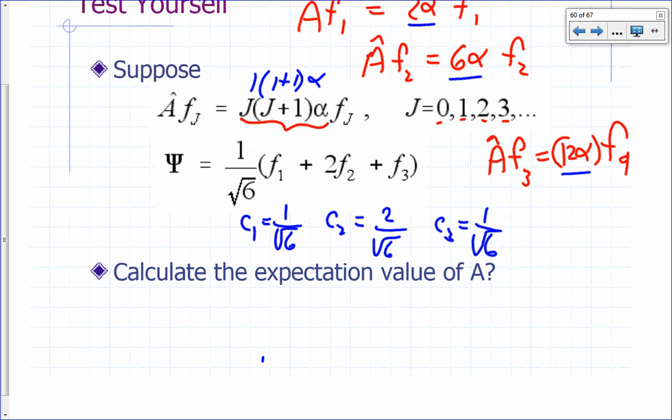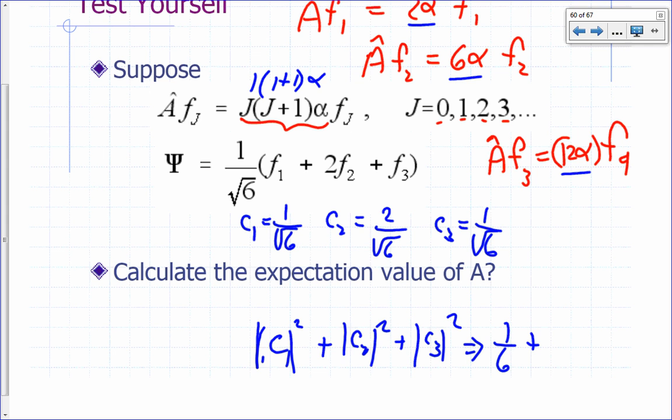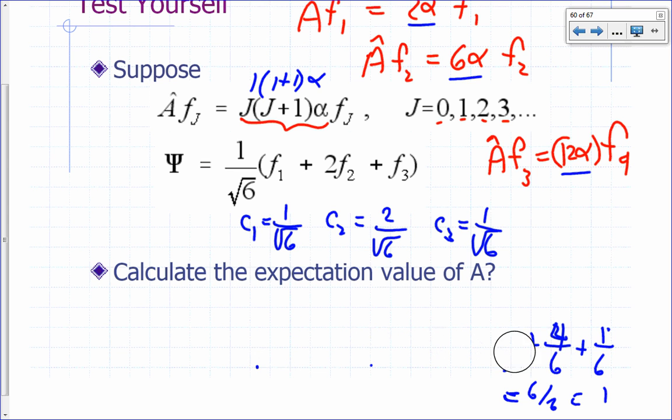Let's just verify that psi is normalized. What is C1 squared plus C2 squared plus C3 squared? 1/6 plus 4/6 plus 1/6. So that's 6 out of 6. So psi is normalized. Okay? What's the expectation value of A?